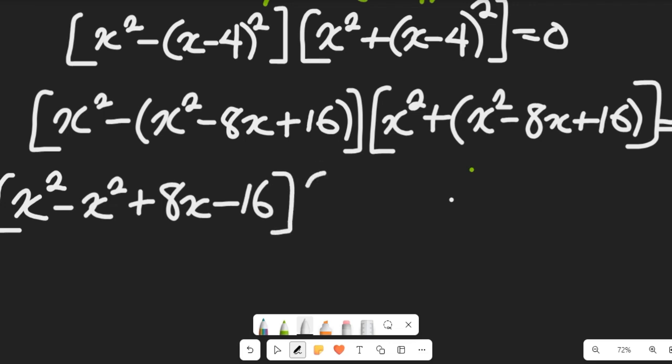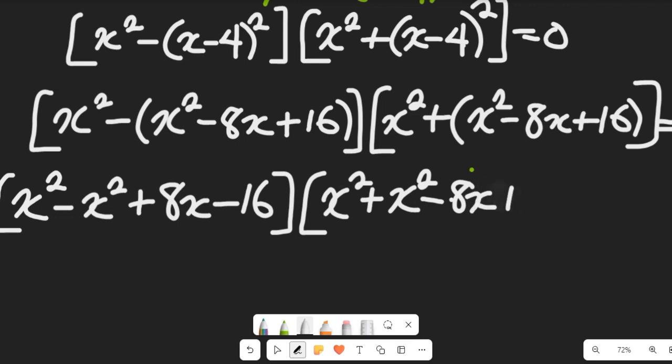And this will be multiplied by, expanding this, x squared plus x squared minus 8x plus 16, and all these will be equal to 0.